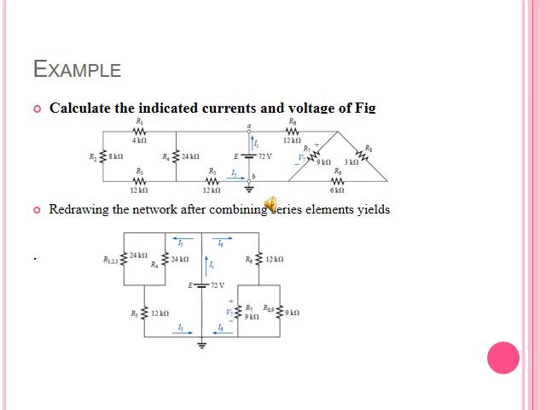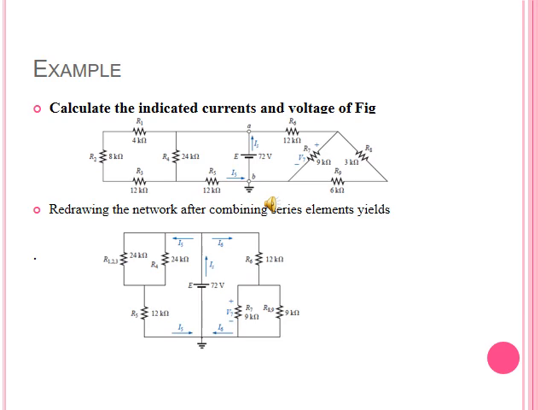Now we go to the other side, which has a triangular combination of resistors. In this triangular form, we have R9 and R8 in series with each other. First of all, we reduce and combine them, and after combining we get 9 kilo ohms resistance.